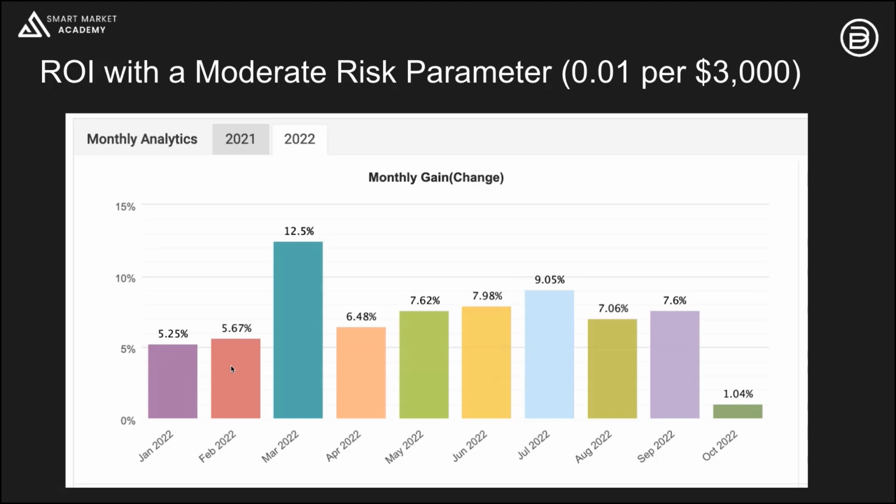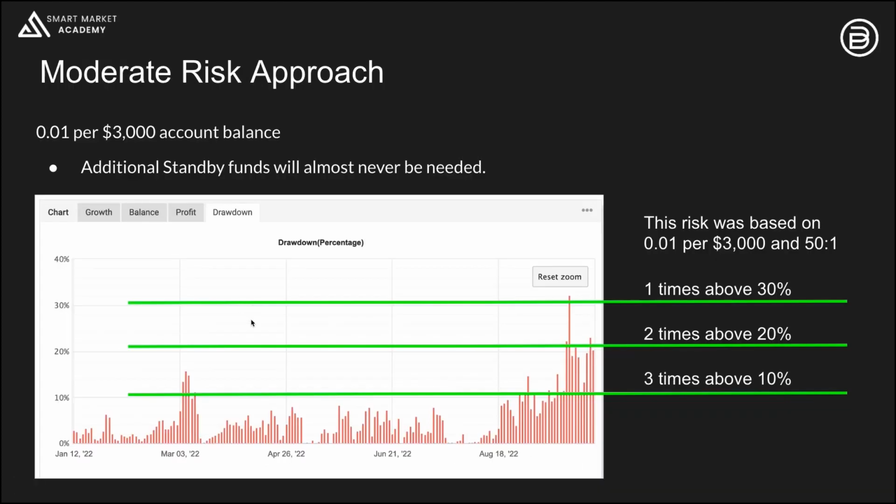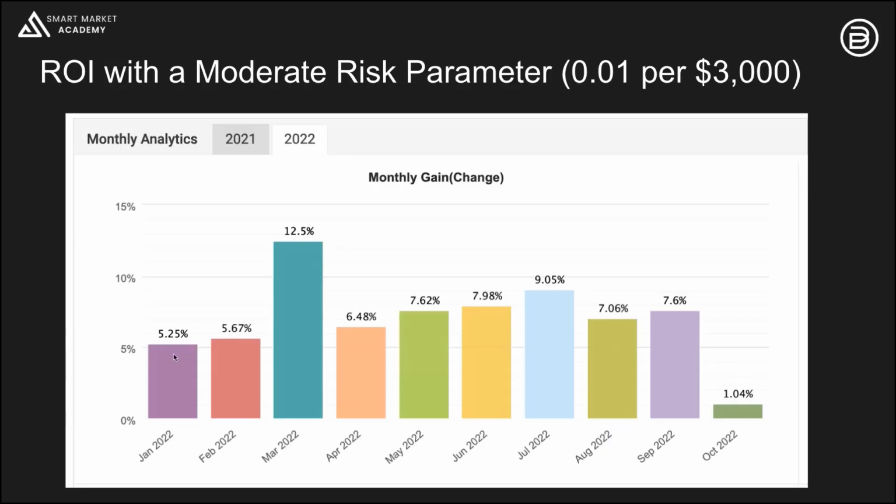If you're looking at most of the year below that 10%, which means around 5 or 7% drawdowns, and we're seeing results of 5 to 7% in returns, then that means that your drawdown levels can be covered pretty quickly in 1 month's trading. So as long as we're making 5 or 7% per month and our drawdowns are 5 or 7 consistently throughout the year, then we're going to be gaining profits.